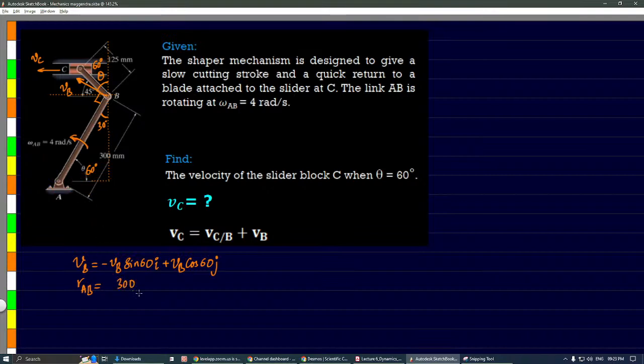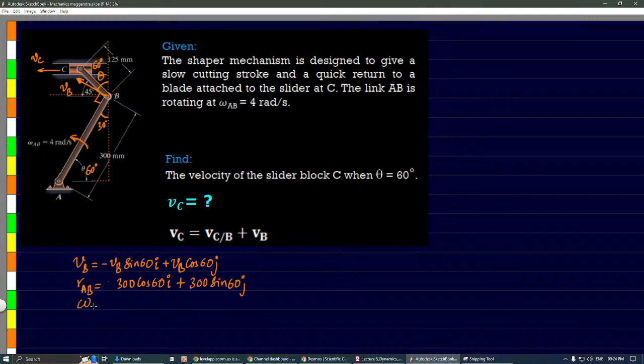Horizontal means multiply with i. And then vertical. For vertical, it is opposite of 60 degrees, so 300 into sine 60, vertical, so multiply with j. And because it is upwards, we have to make it positive.